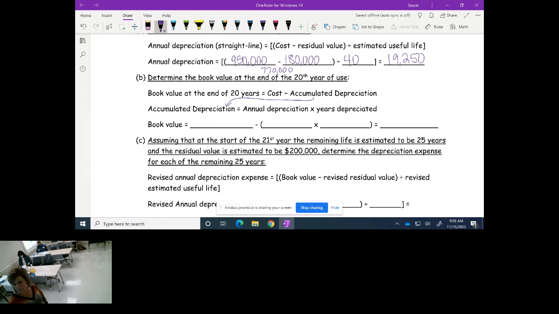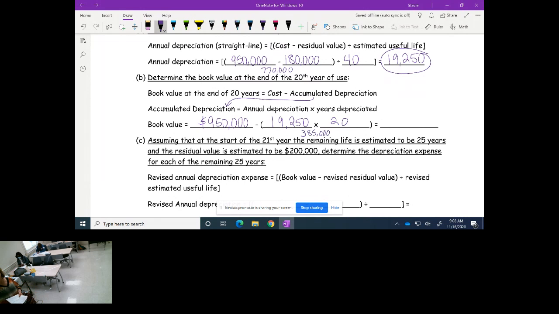So our cost, remember, was $950,000. And then our accumulated depreciation is this formula here dropped in. So we said our annual depreciation is $19,250 times, how many years has it been depreciated? 20. Okay, so that depreciation amount, if you wanted that, is $385,000.